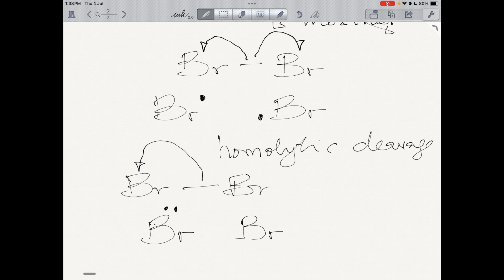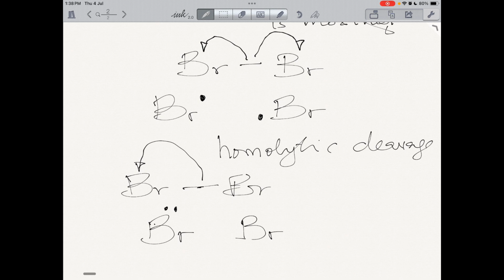This is because when they were forming this covalent bond, the first bromine donated an electron, the second bromine donated an electron, so they shared. But now it's like there's a divorce, and as the divorce is taking place, it's only one bromine that took the two and put them upon its head.